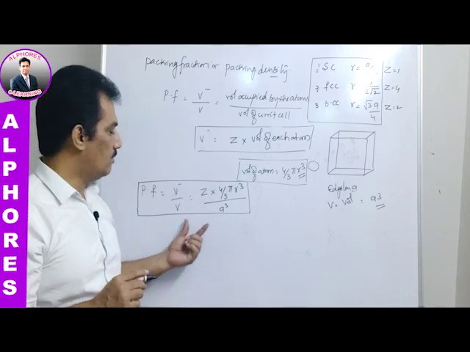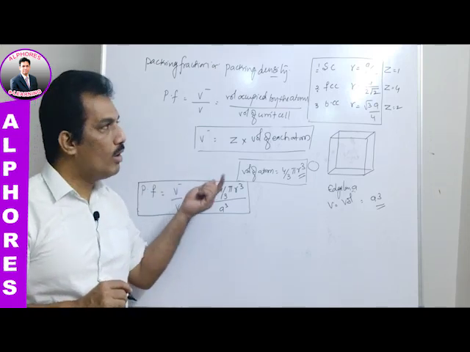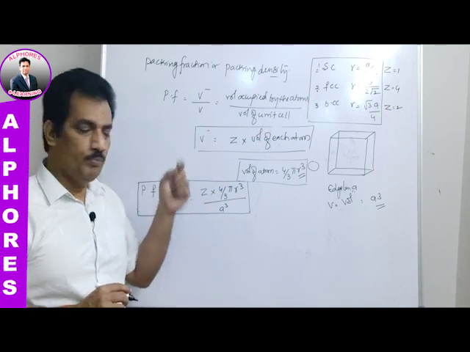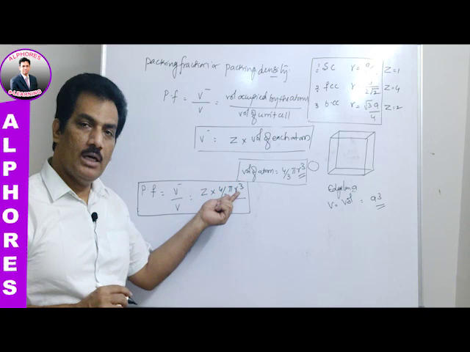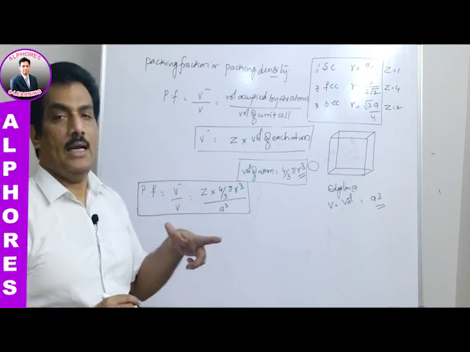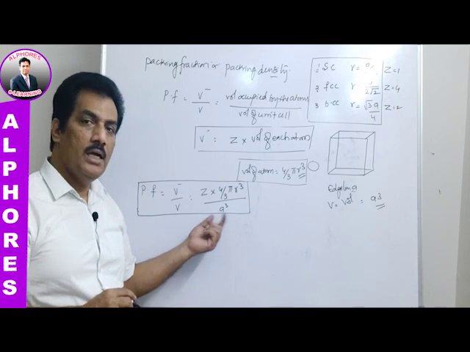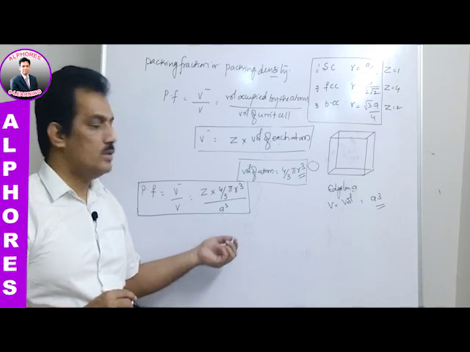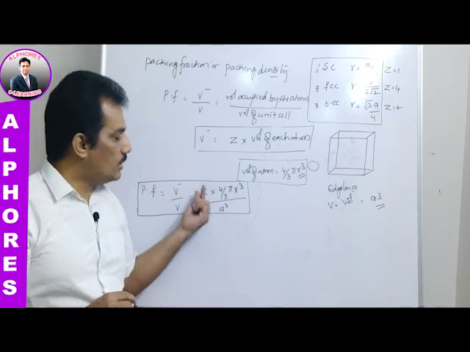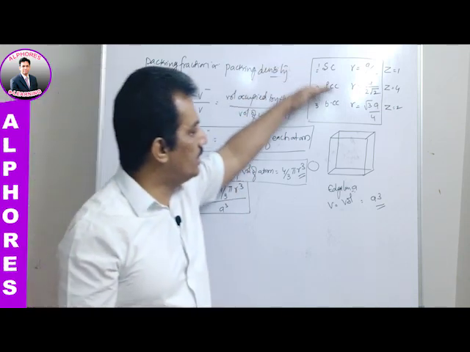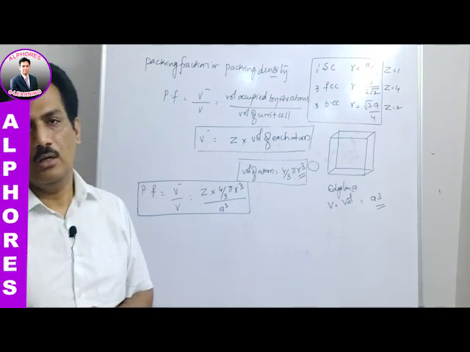Are you following? Here Z is the number of atoms per unit cell, which depends on the type, r is the radius of the atom, and A is the edge length of the unit cell. With all these, if we substitute these values, we will get the packing fraction for different kinds of cubic unit cells.